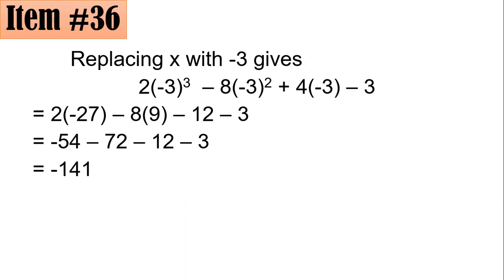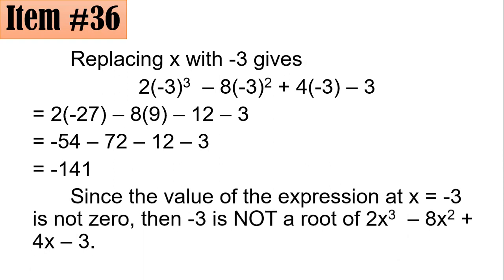From here, you could see that since the value of the expression at x equals negative 3 is not 0, then negative 3 is not a root of 2x cubed minus 8x squared plus 4x minus 3, letter B. 37.